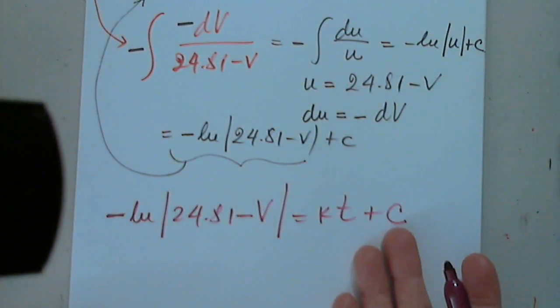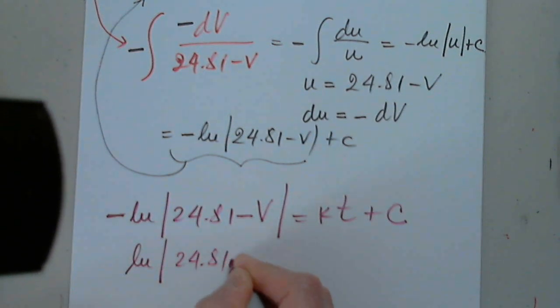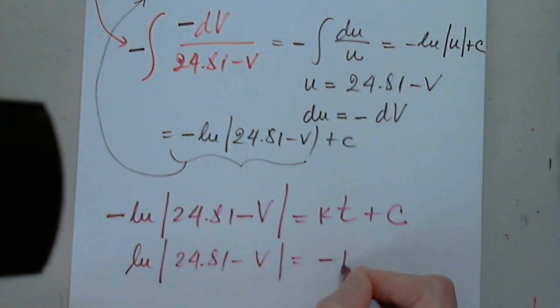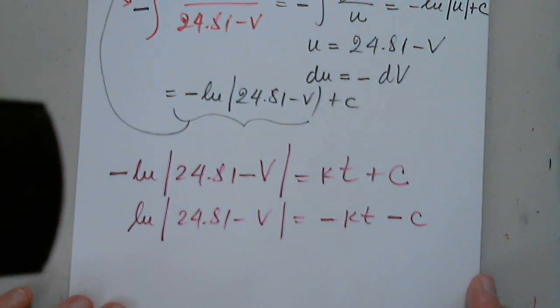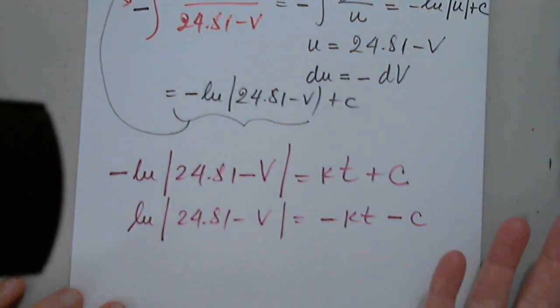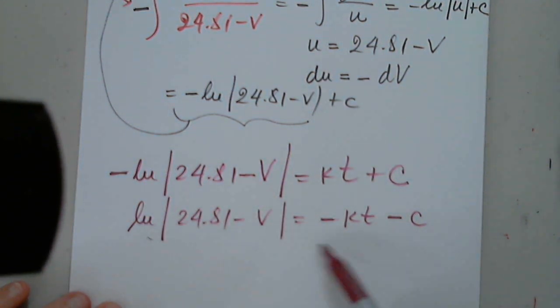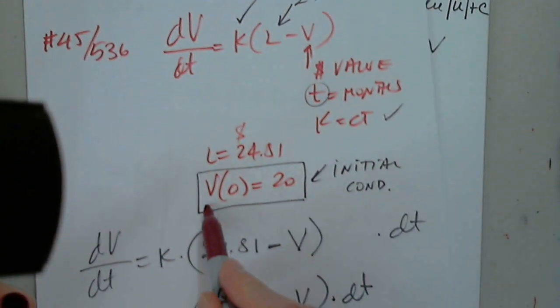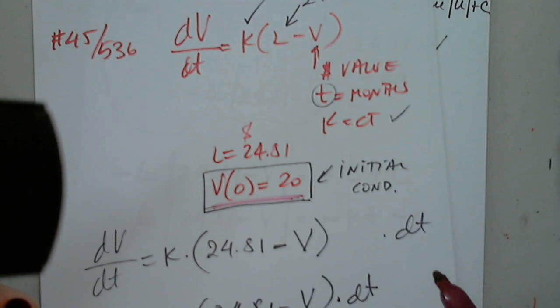We can multiply both sides by -1. That's one option. So natural log of the absolute value of 24.81 minus v equals negative kt minus c. Okay. So now one option would be to change this into an exponential, or if you want, we can put the initial condition first. It doesn't matter. The solution would be the same.